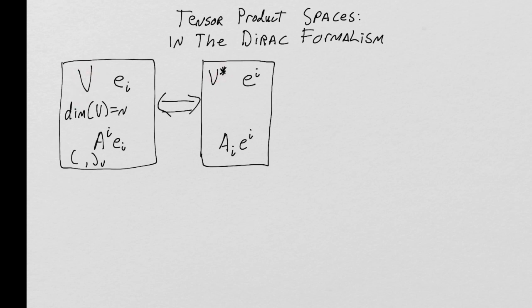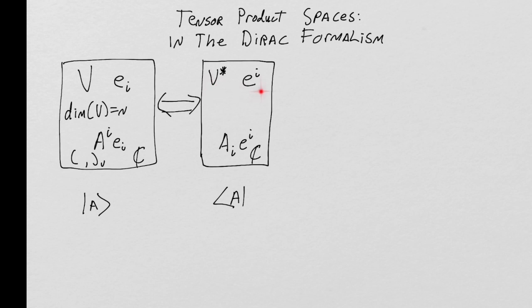Now, in our quantum mechanical notation, everything in the vector space was given as a ket. So a general vector would be given as a ket, and its associated bra was given as a bra. And it was a complex vector space, so we'll assume these are complex vector spaces. So now we have two different ways of expressing a vector. We have this sort of vector notation, or this what we call covector notation because it's in the dual space.